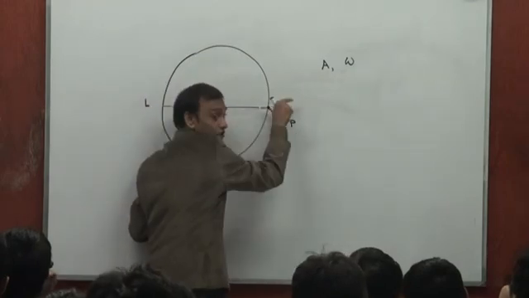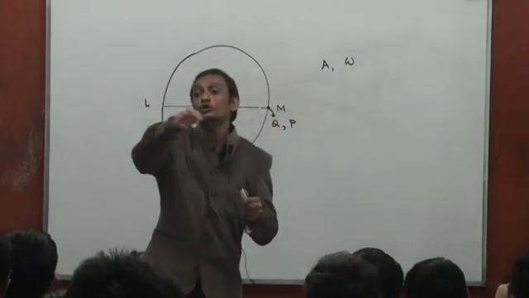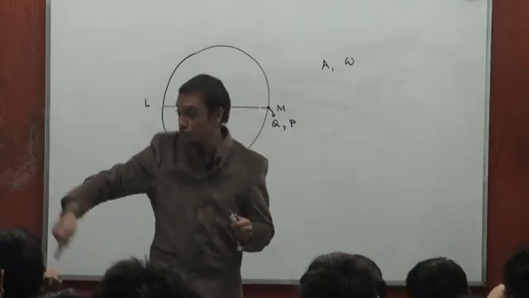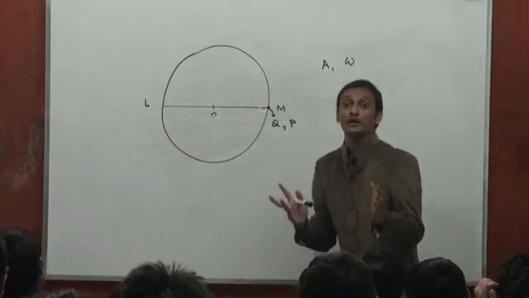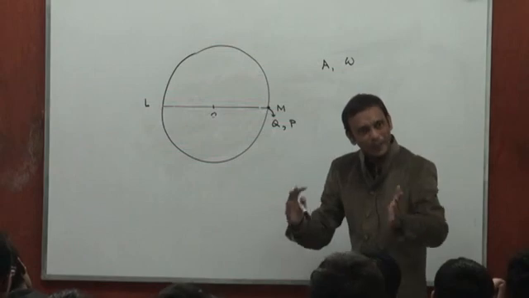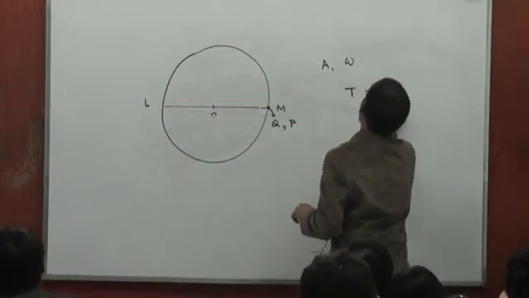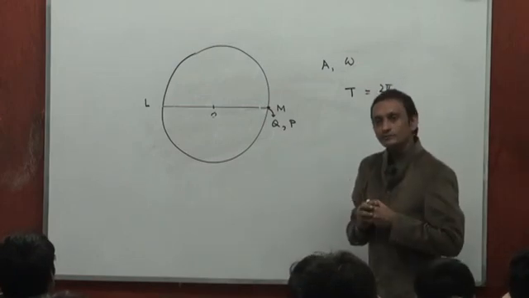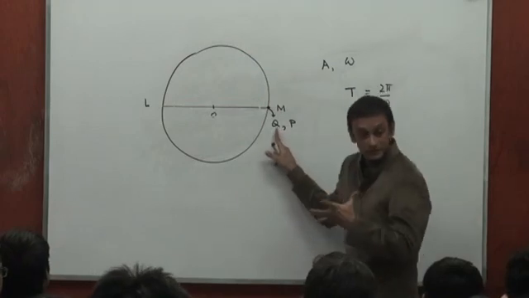And in a full cycle of oscillation, P would have described a full circle. And the time it takes for P to describe a full circle, that means describe an angle 2 pi radians at the center, is how much? Is 2 pi by omega. Which is also the time period of oscillation of Q.